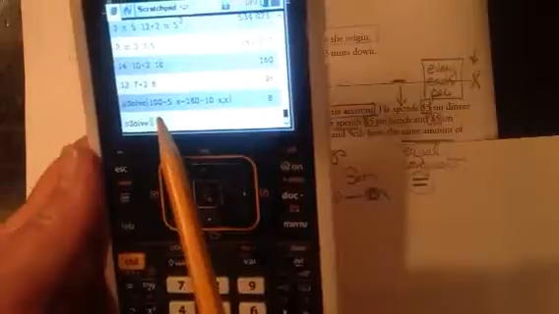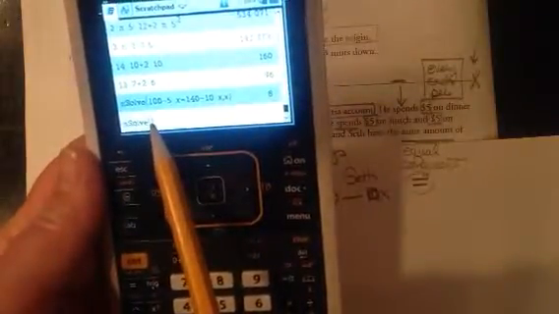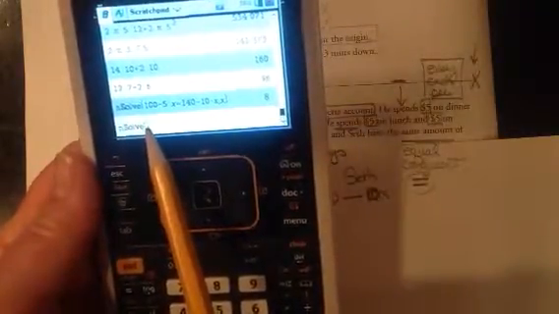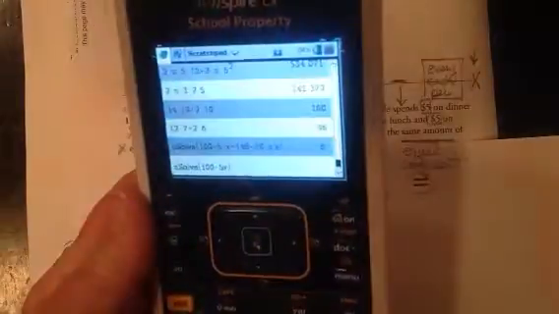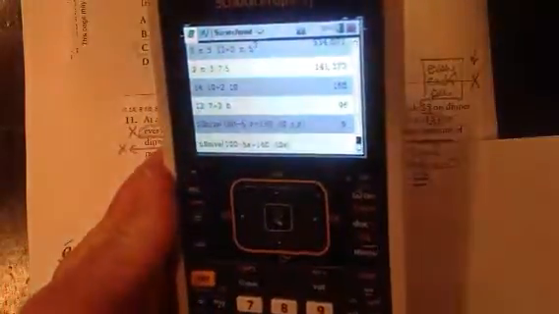Okay? And then always make sure that you write your equation within the parentheses. So I'm going to enter that, and I have 100 minus 5x, and it should look like that, is equal to Seth, which is 140 minus 10x. Okay?